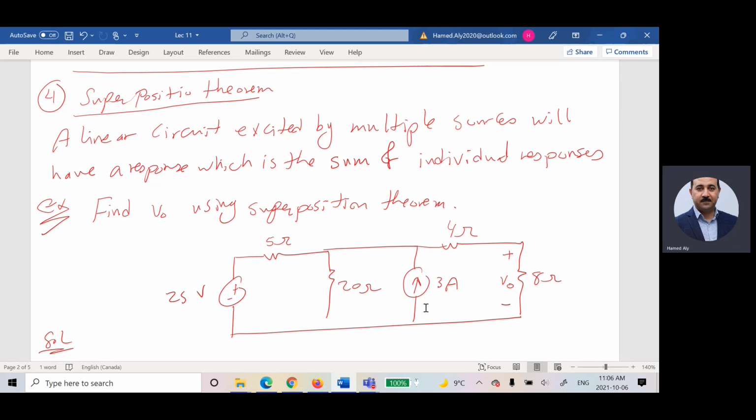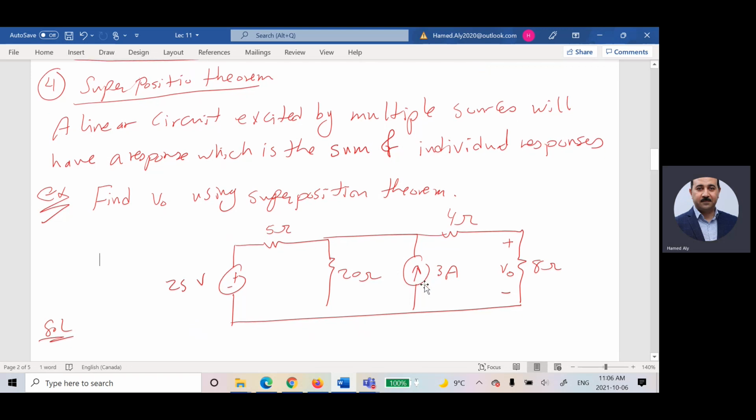Do you like me to repeat anything? Let us apply that here. Removing a voltage source means substitute it by a short circuit, and removing a current source means substitute it by an open circuit.